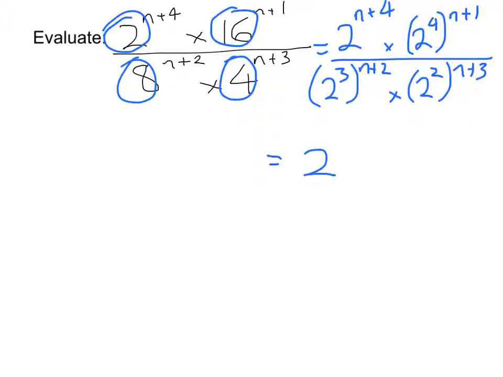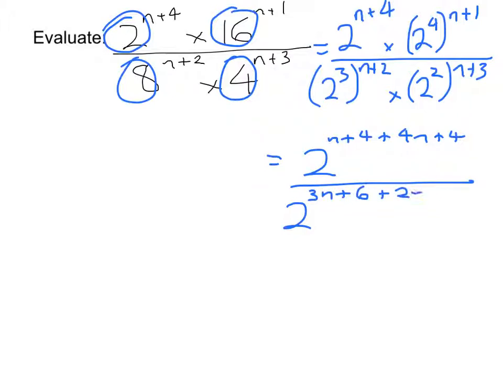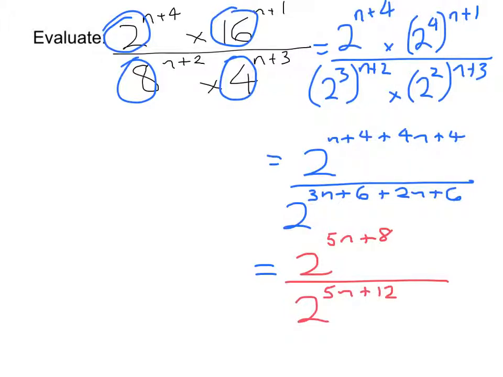So we get 2 to the power of n plus 4 plus 4n plus 4 divided by 2 to the power of 3n plus 6 plus 2n plus 6. So that's going to simplify to give me 2 to the power of 5n plus 8 in the numerator divided by 2 to the power of 5n plus 12 in the denominator.